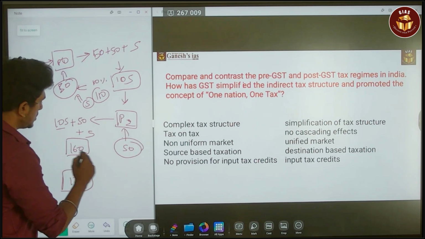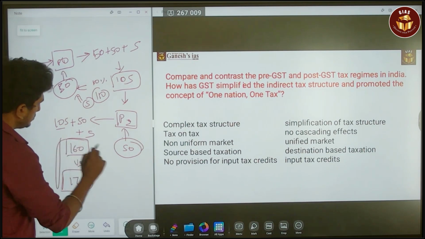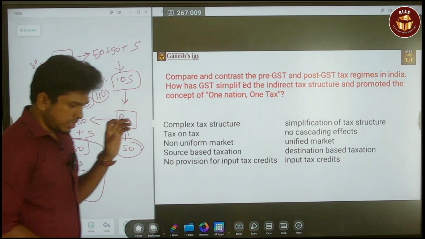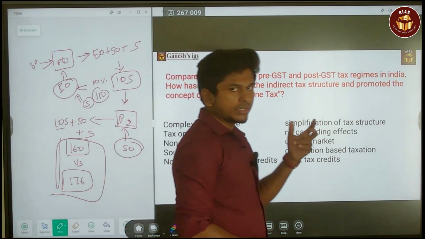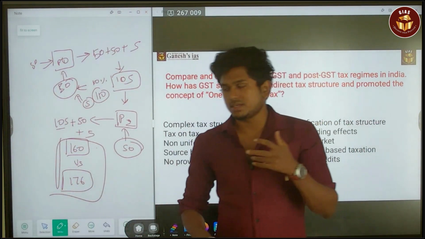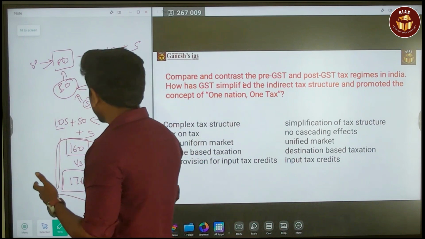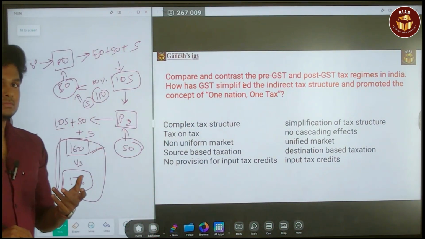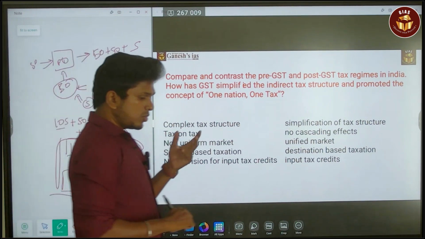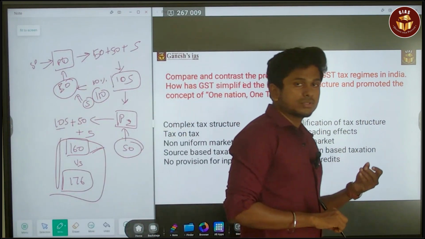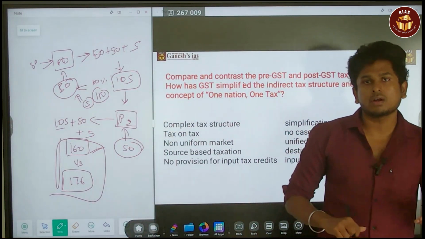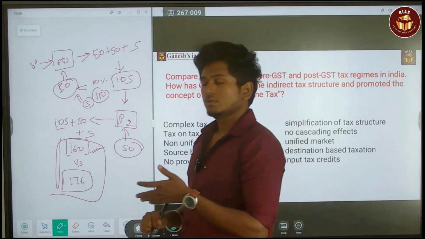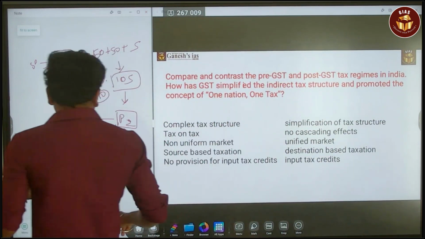In post-GST it is 160. So what actually happened is, after the introduction of the GST, it overcame the issue of the tax on tax cascading effect, and also the prices of the products got reduced. That is also an important thing.